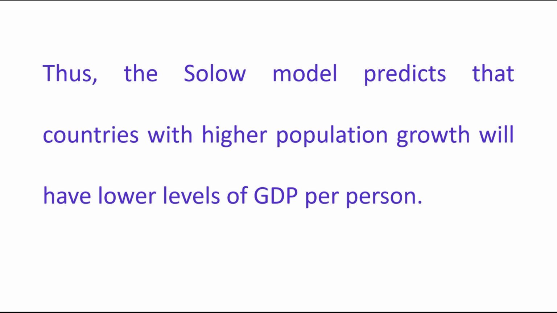Thus, the Solow model predicts that countries with higher population growth will have lower levels of GDP per person. Higher population growth means, in our case, the population growth rate increases from N1 to N2. And what will happen?